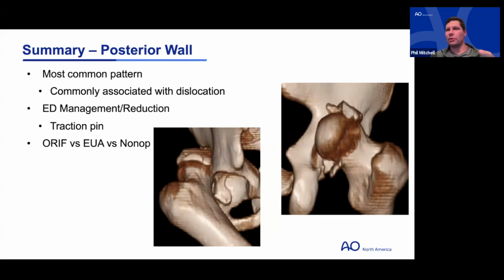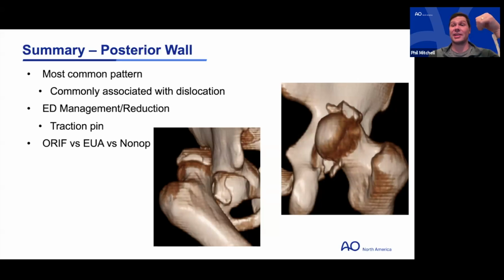Any questions, Taylor, before we move on to some anterior injuries? It may be useful to talk a little bit about dealing with incarcerated fragments, especially bigger ones. Yeah, so we don't want to leave any pieces in the joint. We don't want incongruity of the hip joint, and it's not uncommon for a hip to be dislocated, and then as the hip gets reduced, it pulls pieces back into the hip socket.